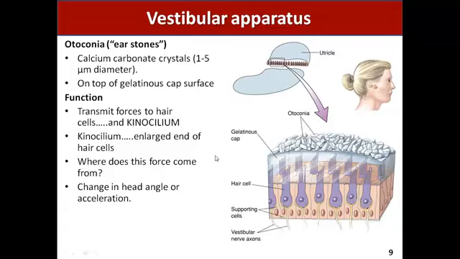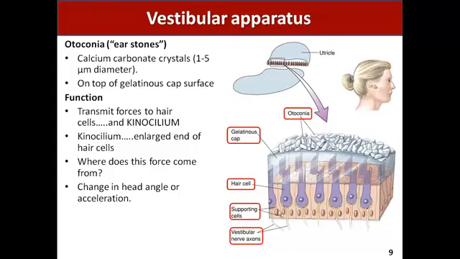When we're talking about the otolith organs, we're talking about linear accelerations and not spinning types of movements. So the otoconia, the crystals that sit on top of the cap, when disturbed, will transmit a force through the gel that will cause a deflection of these hair cells, and when these hair cells are deflected, it will open up ion channels that will eventually discharge through vestibular nerve axons.